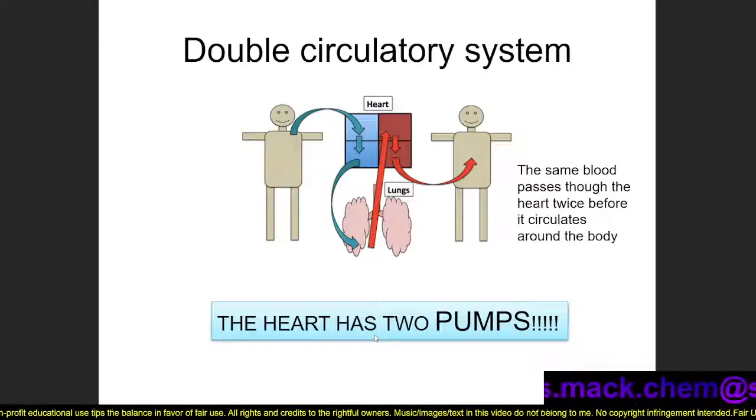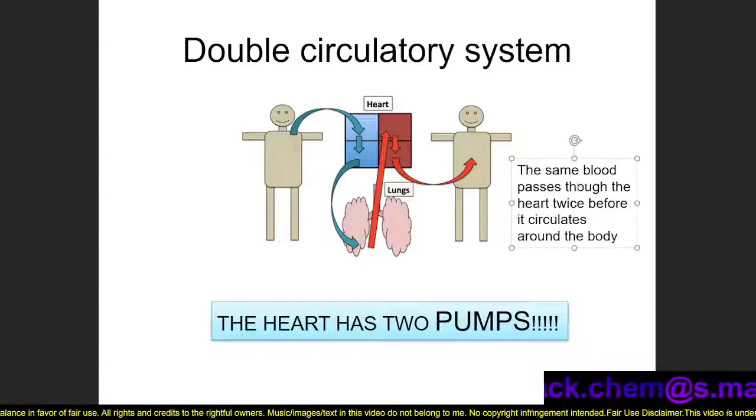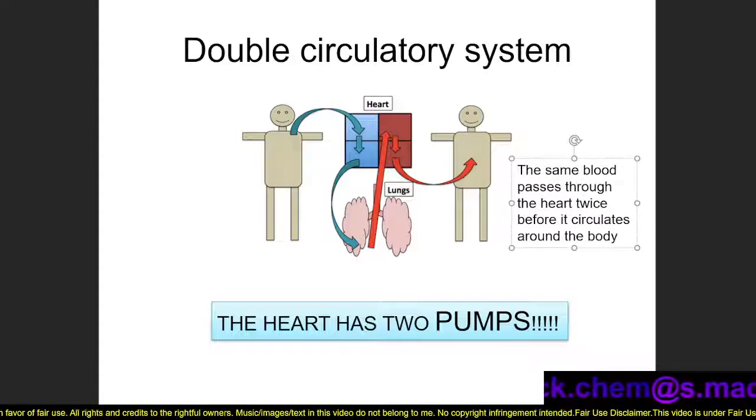It means the same blood passes through the heart twice before it circulates around the body. From our diagram, we can see that blood will pass through the blue boxes on the left and also the red boxes on the right. And this means blood passes through the heart twice.